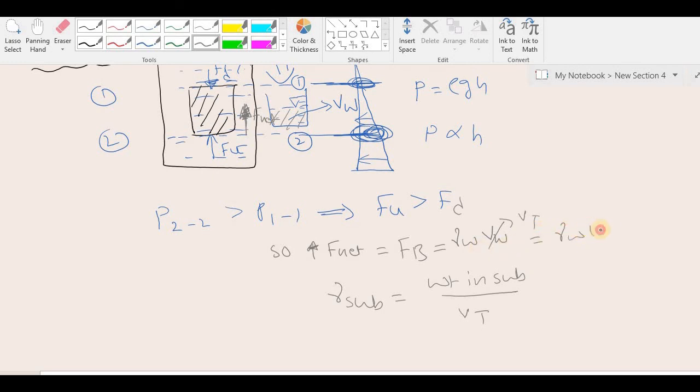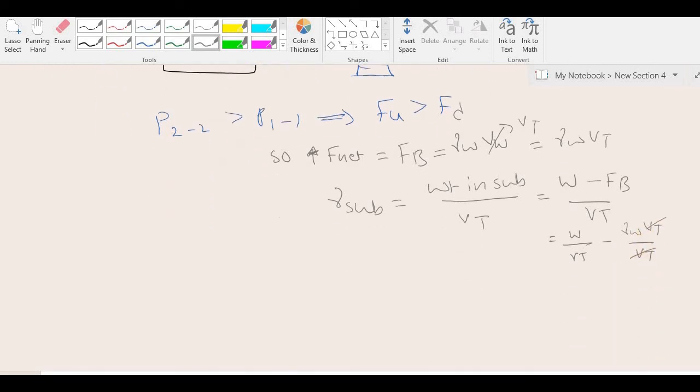So Fb equals gamma W into Vt. The net weight equals soil weight W minus Fb, by VT, that equals W by VT minus gamma W VT by VT. VT gets cancelled, and as the soil is submerged, gamma becomes gamma sat.